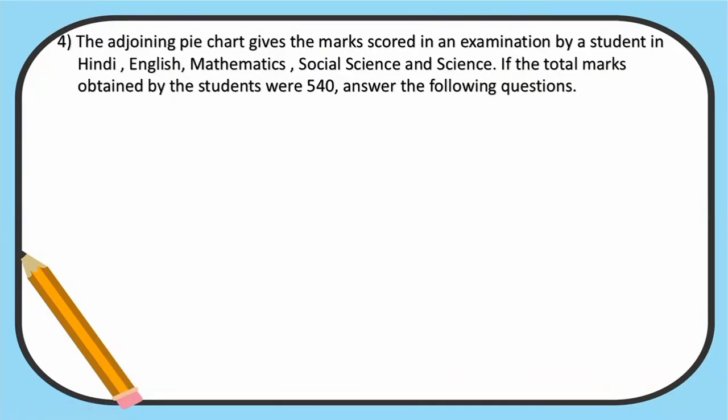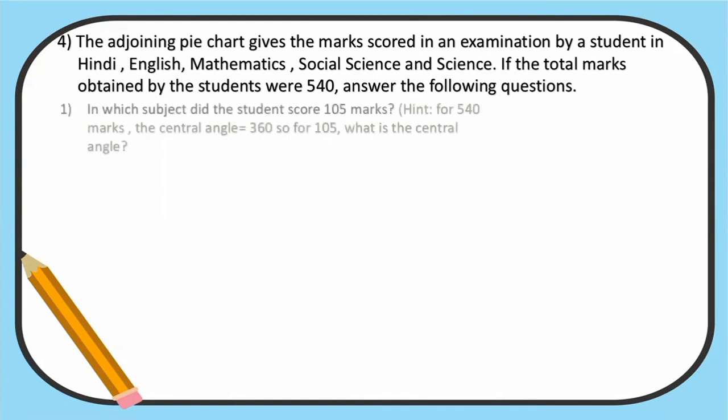The adjoining pie chart gives the marks scored in an examination by a student in Hindi, English, Mathematics, Social Science and Science. If the total marks obtained by the student were 540, answer the following questions. In which subject did the student score 105 marks? A hint is also given. For 540 marks, the central angle is equal to 360.